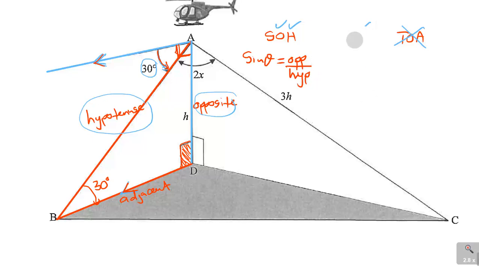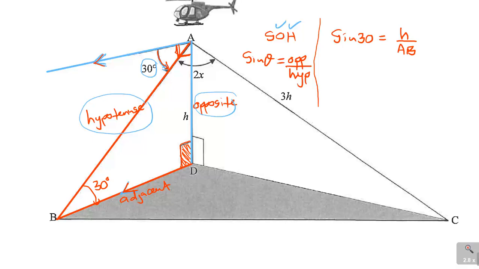So I know that sine theta is opposite over hypotenuse. If I continue with my working, now I know my angle theta. My angle theta is 30 degrees. So I will have sine 30 is equal to, my opposite is H over my hypotenuse, in this case is what I'm looking for, which is my AB. Remember the question says determine AB in terms of H.